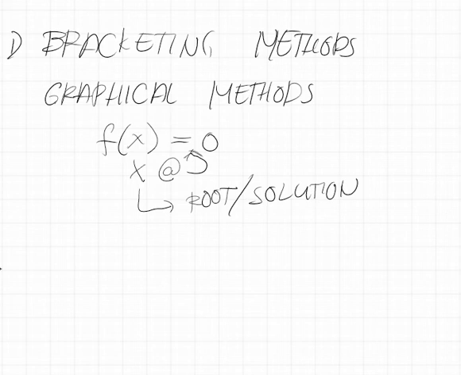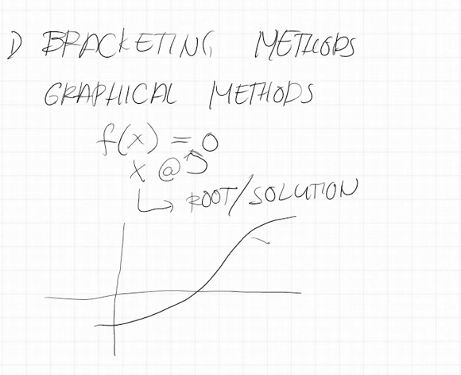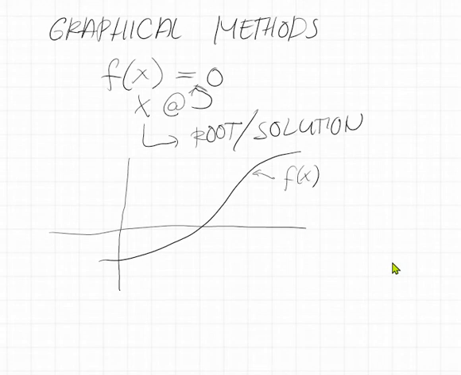Because this is the graphical method, if this is our function here, f of x, where will be the root of this function if we look at it graphically? The function becomes 0 when it intersects with the x-axis. This is the x-axis, and this is the y-axis.